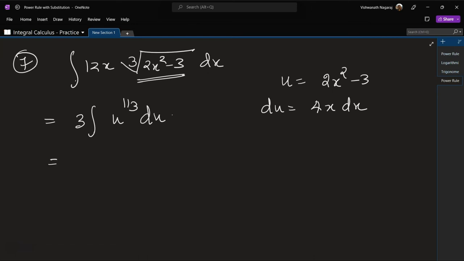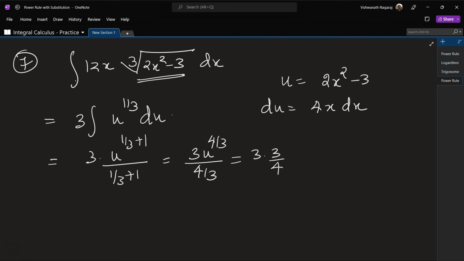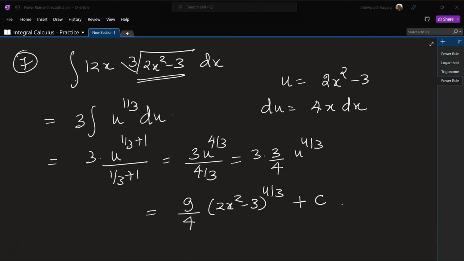Now this is pretty straightforward. u^(1/3 + 1), which gives us u^(4/3) by 4/3, which gives us 3 times 3/4 u^(4/3), which gives us 9/4 times (2x^2 - 3)^(4/3) plus c. Here we didn't get the exact 12x dx, so we had to split the constant.